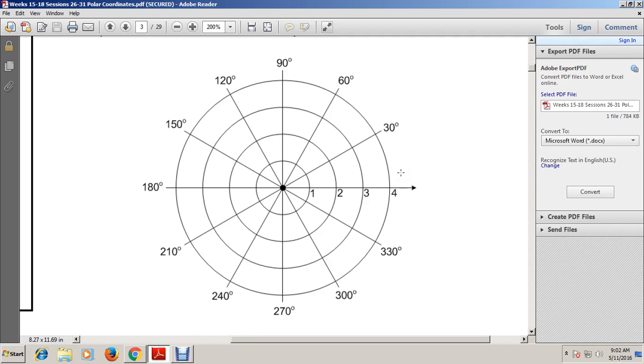So, for example, we have multiples of 30: 30, 60, 90, 120, 150, 180, 210, 240, 270, 300, 330, and 360. We can also make this as multiples of 90: 90, 180, 270, and 360. We can also make the rotation with multiples of 60: 60, 120, 180, 240, 300, and 360.